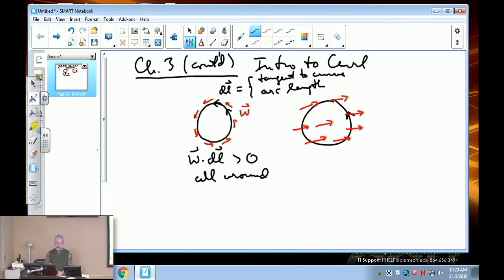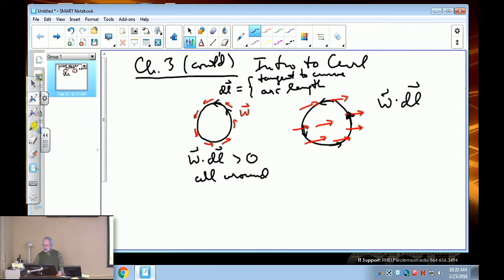Whereas over here on the right side, we see that W dot dL is sometimes positive, sometimes negative, sometimes 0. In fact, an equal amount all the way around here. Right? So here's dL right here, and W is perpendicular to it. Here's dL right here, and W is anti-parallel to it. Here's dL here, and W is perpendicular. Here, dL and W are parallel to each other.